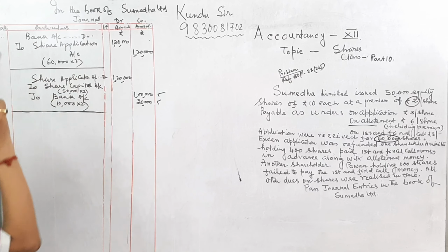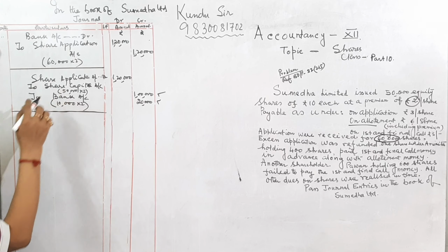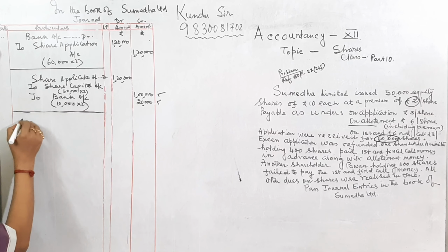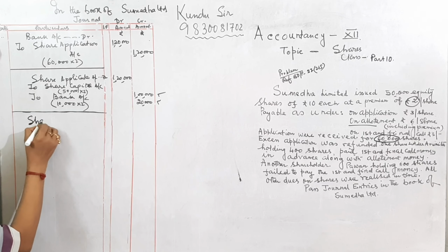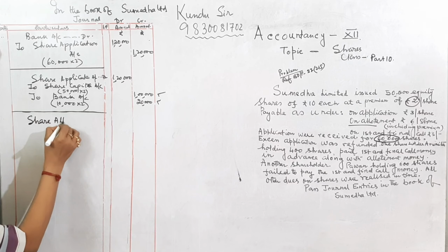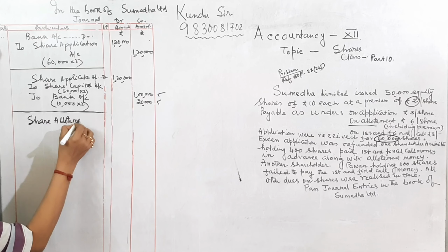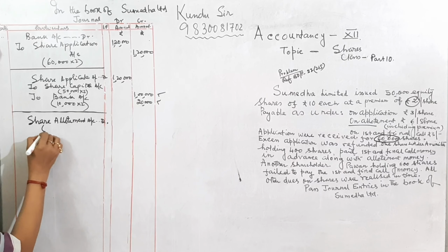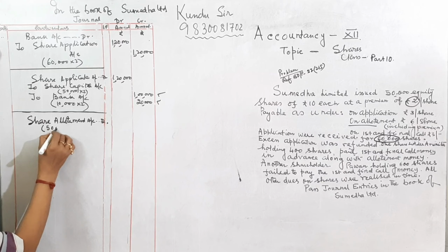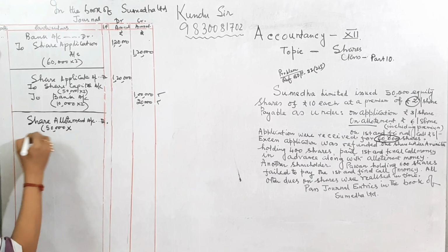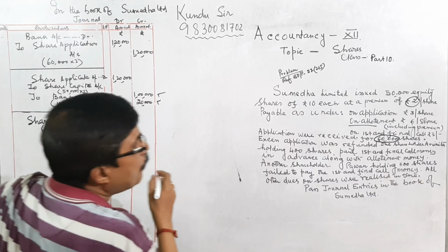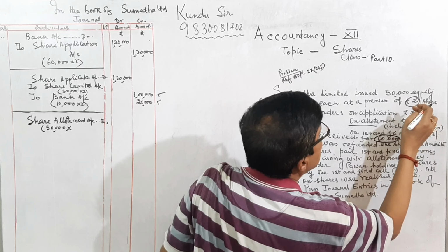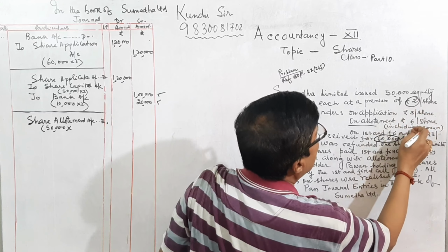So the allotment amount will be due on 50,000 shares. Share allotment account due on 50,000 shares at the rate of rupees 6, including premium.